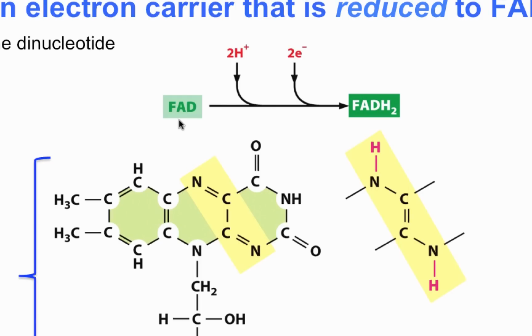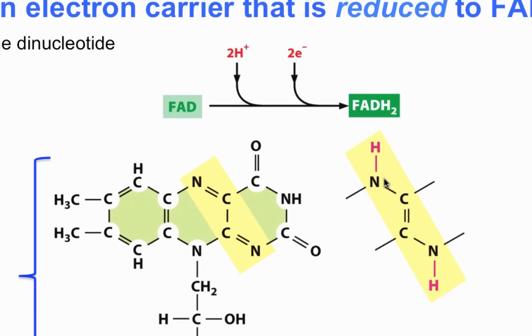So FAD will be able to take 2 electrons and 2 protons, and what you can observe in the yellow boxes is the breaking of the double bond between nitrogen and carbon to admit 1 hydrogen, the breaking of the lower double bond between nitrogen and carbon, accepting the other hydrogen, and the generation of a new double bond between the 2 carbon atoms.